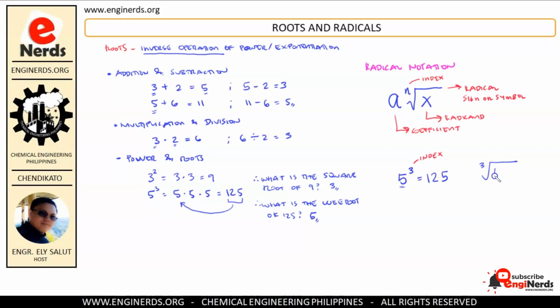So what is the cube root of 125? So if you do this operation, it will give you back our original number, which is 5. So that's what we mean when we say that root is an inverse operation of power or exponentiation. So I hope that we are clear about this.